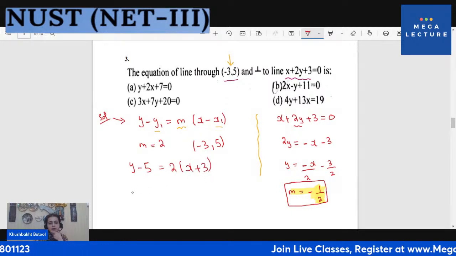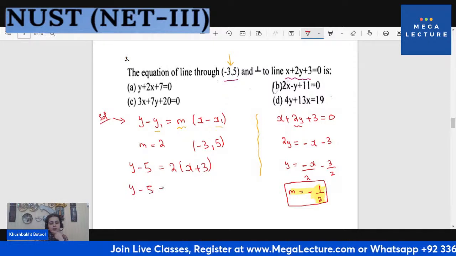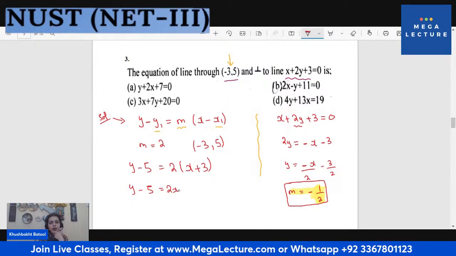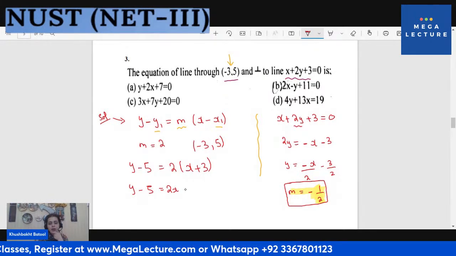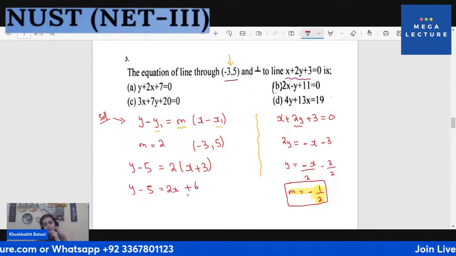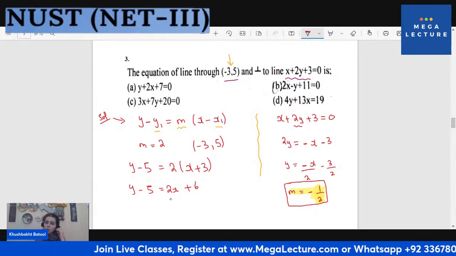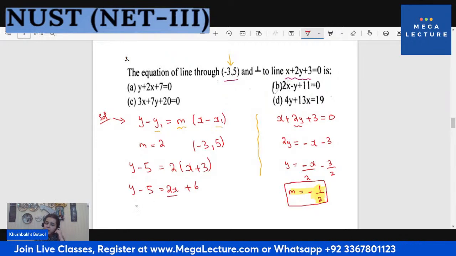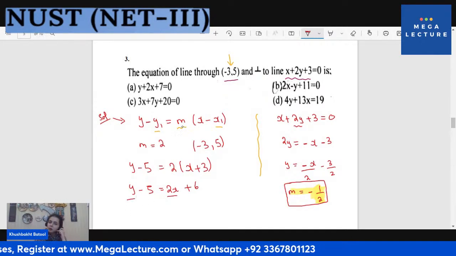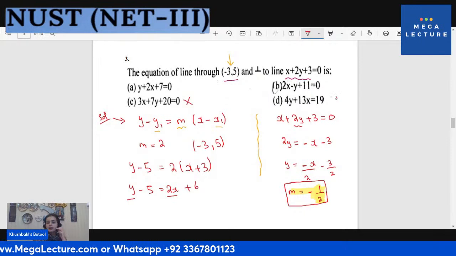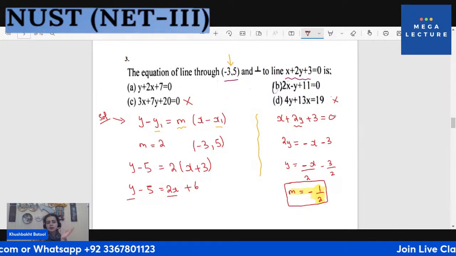And upon simplification, I'm going to get y minus 5 equals 2x plus 6. Based on this, although none of the answers given match exactly, I can see that the coefficient of x would be 2 and the coefficient of y would be 1. Okay, so C and D cannot be the answers. The answer would either be A or B.